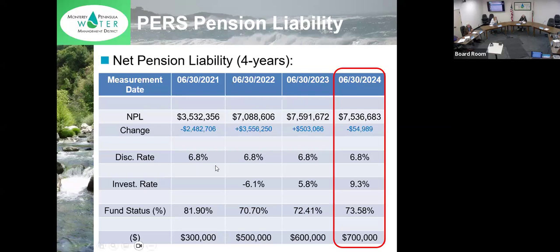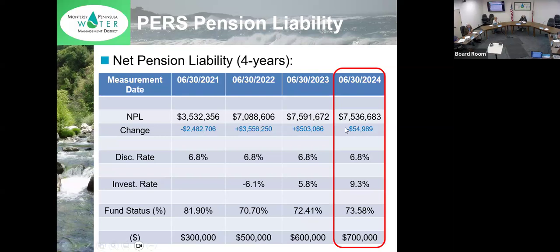Now, I won't go into the details here unless you ask me to. In 2021, we had a liability of 3.5 million. CalPERS had a negative investment rate of 6%, and our liability bumped to 7 million the next year.